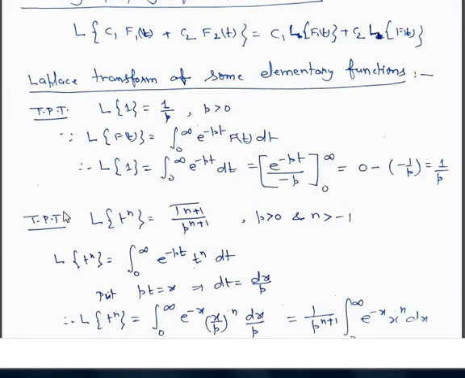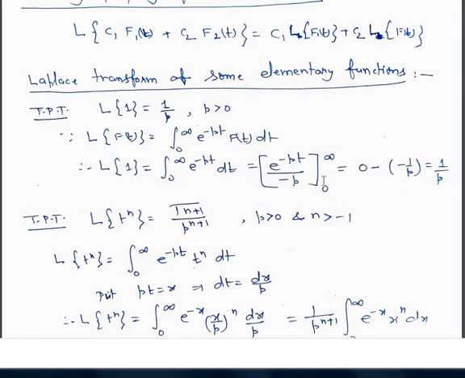Now we know the definition. What is the definition? L of f(t) is integral 0 to infinity e raised to minus pt f(t) dt. Now in place of f(t) we write here 1 because we have to find the Laplace transform of 1. So L of 1 will be integral 0 to infinity e to the power minus pt dt, because f(t) is 1. So integration of this is e raised to minus pt upon minus p.